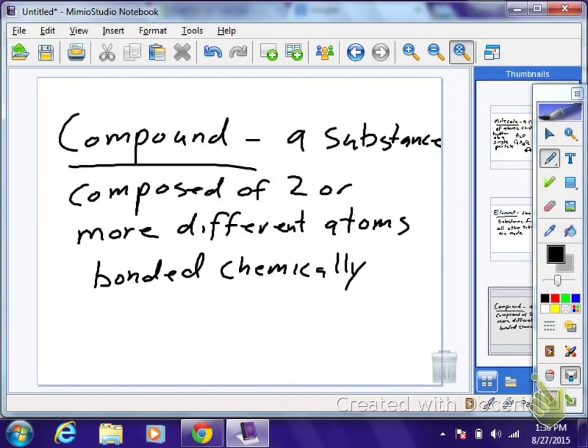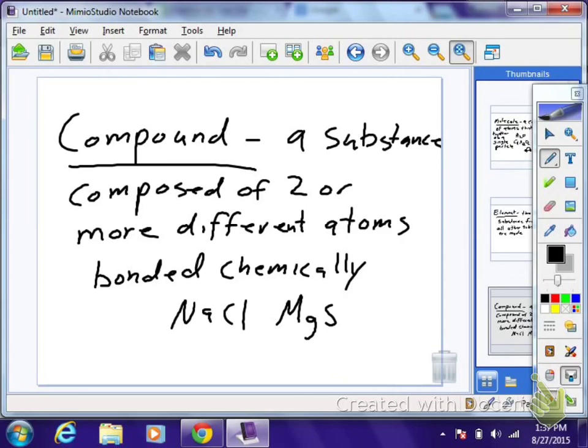Okay? Compound. Let's give you some different compounds that are not considered molecules. NaCl is not going to be a molecule. We're not going to have a molecule of NaCl. You guys know what Epsom salt is? It's used for like sores and aches and pains. That is not a molecule.